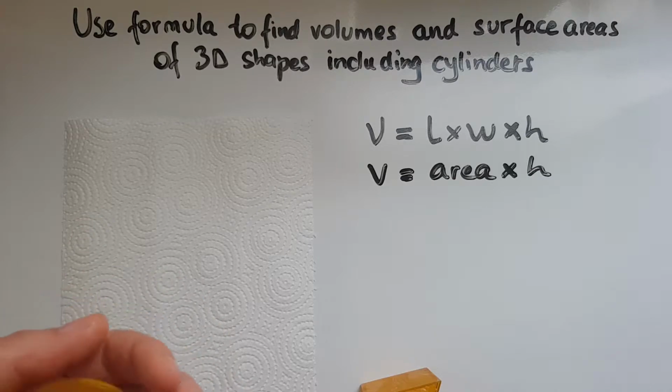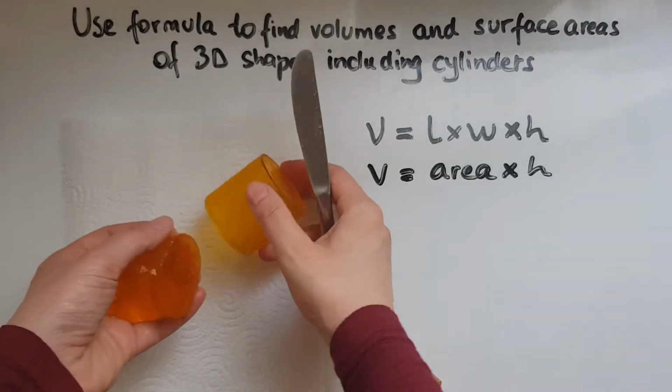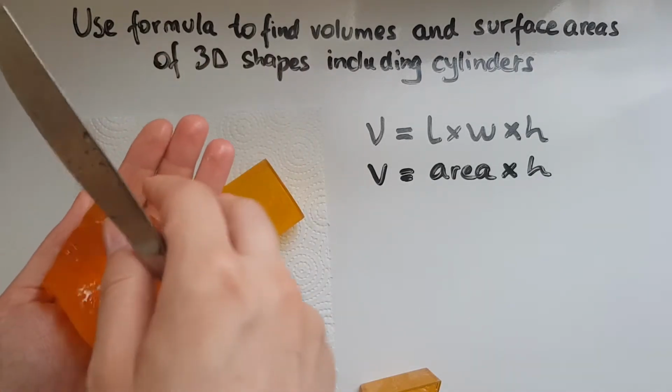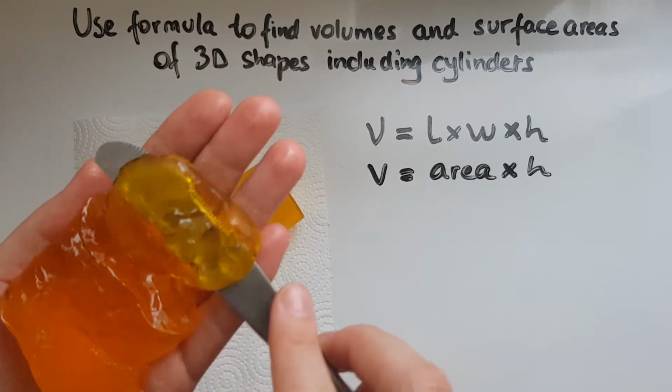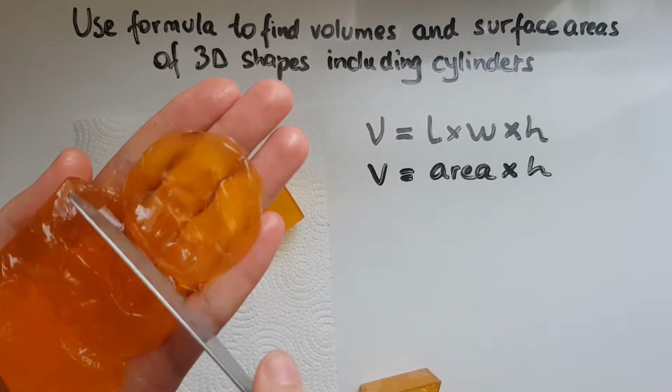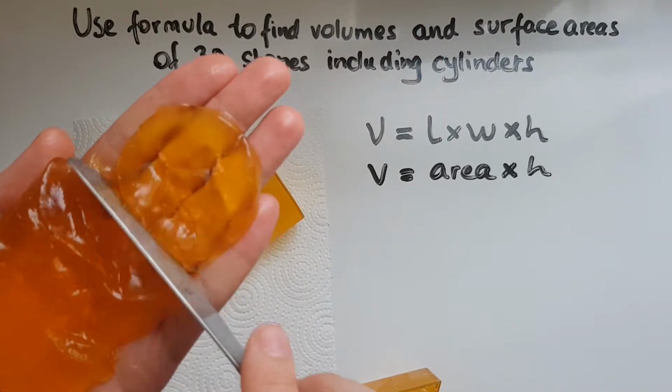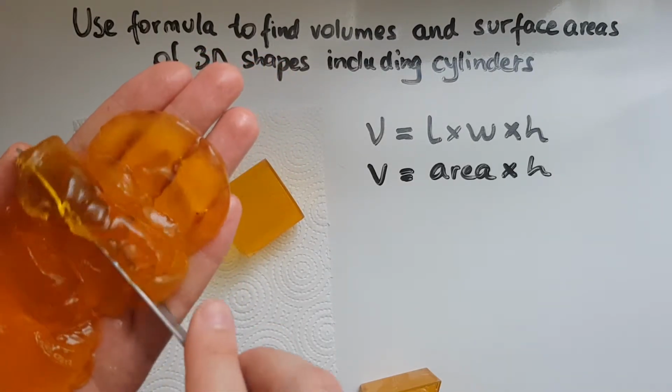So if I get this out and I cut a slice of the circle, the cross section, that is going to be the same again and again.